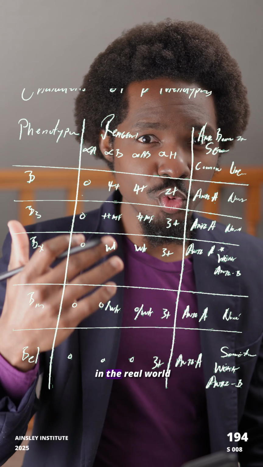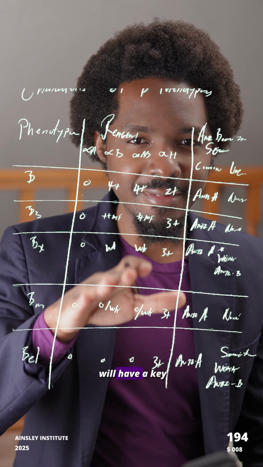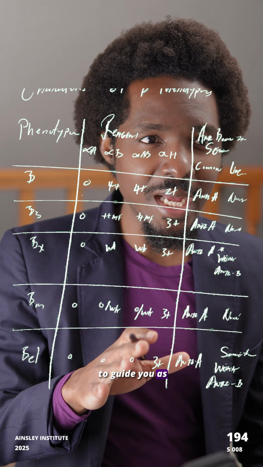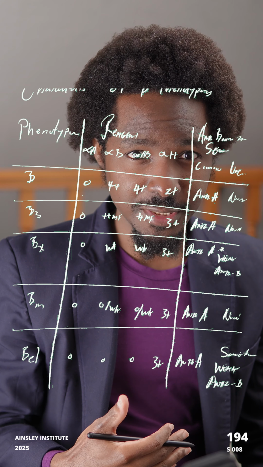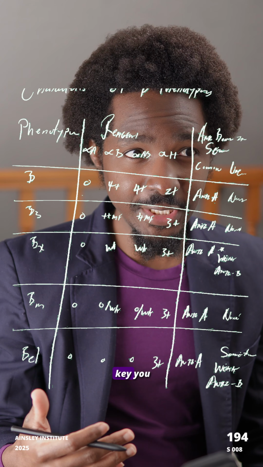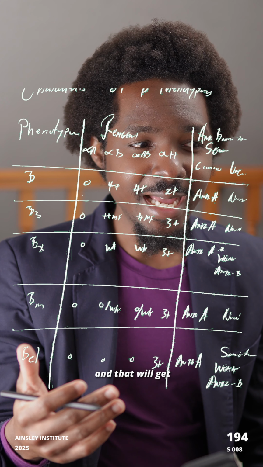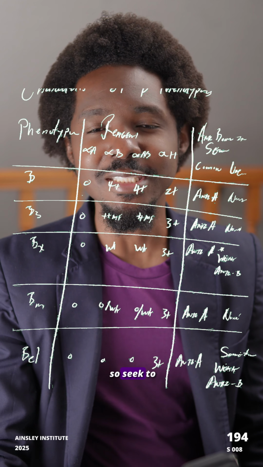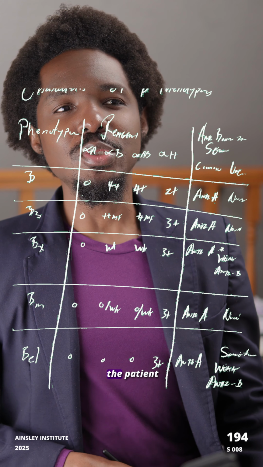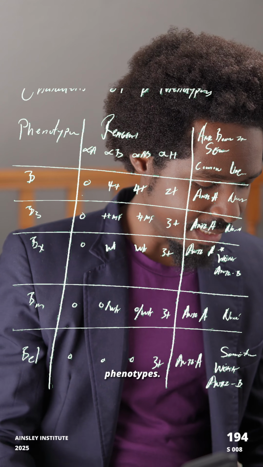When you are in the real world, you will have a ledger, or a key, to guide you as to the interpretation of the various reactions. With that key, you're going to follow the guide, and that will get you to the answers you seek to determine about the patient's different phenotypes.